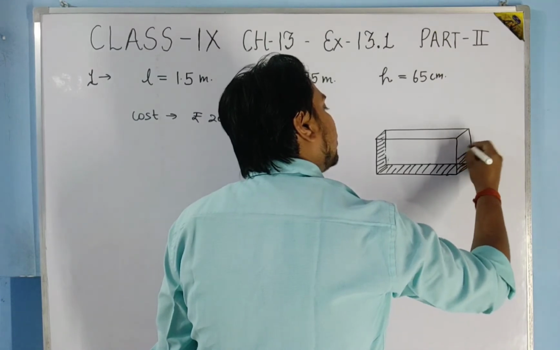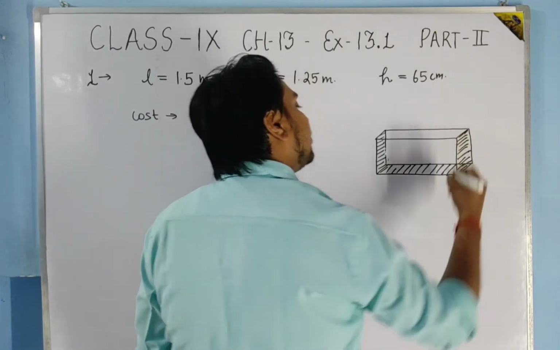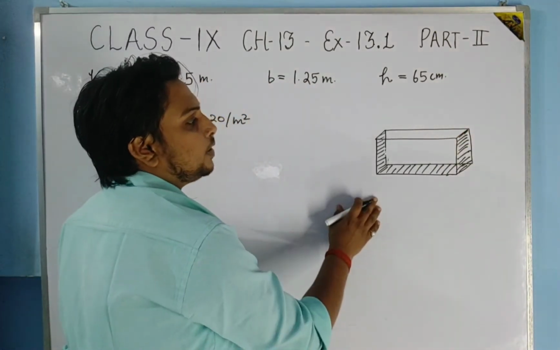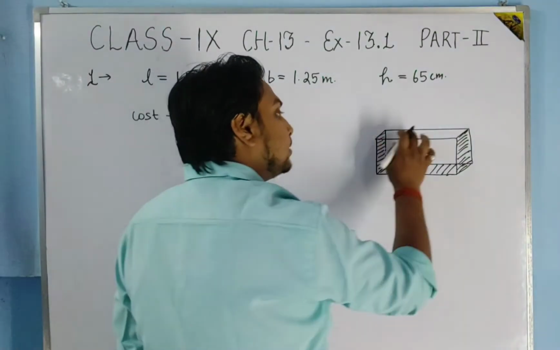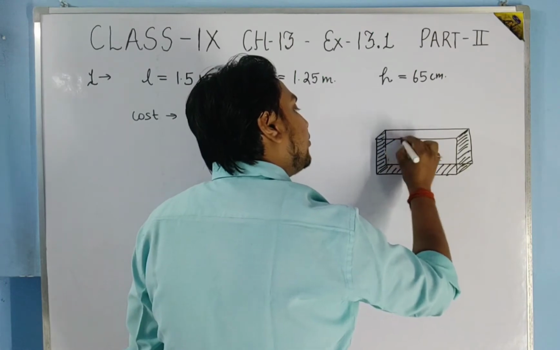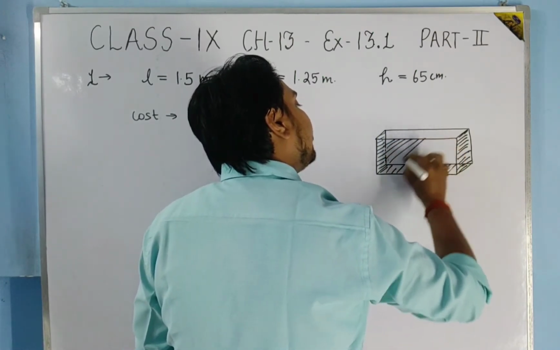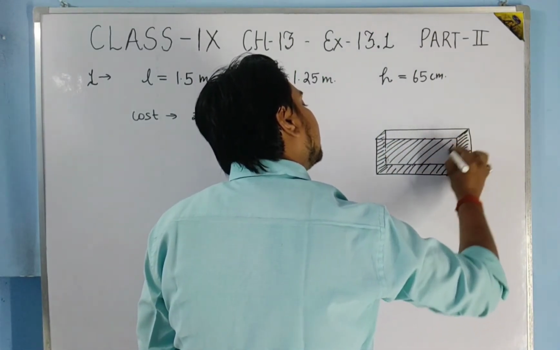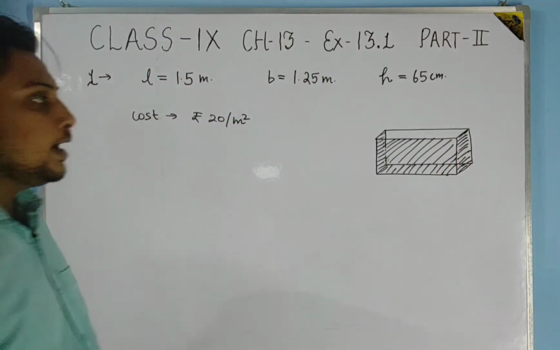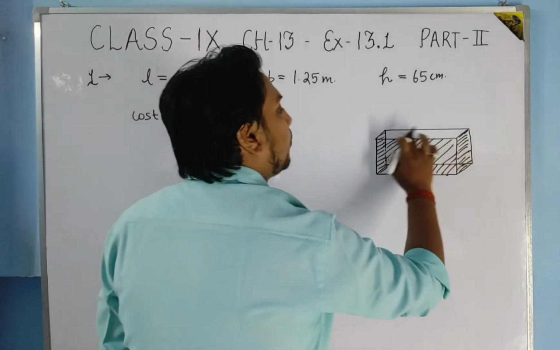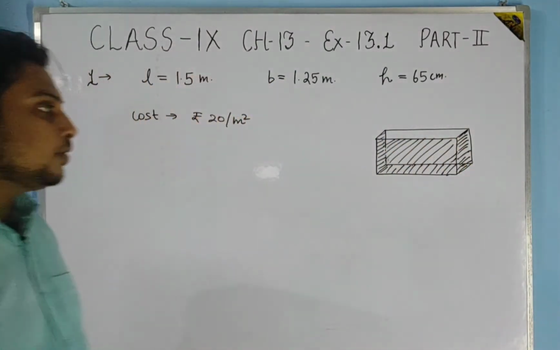A box has a total of 6 walls, but this box is open from the top, so this area will not be counted. Only 5 walls will be there, and this box is open from the top.